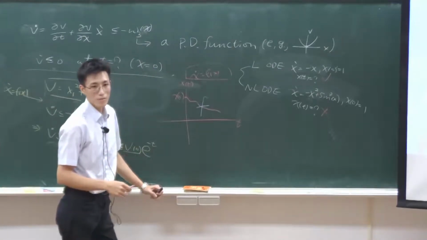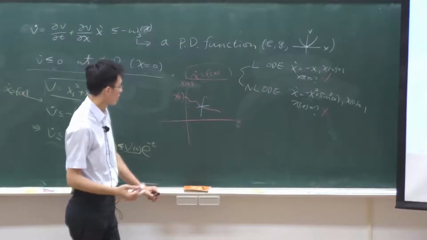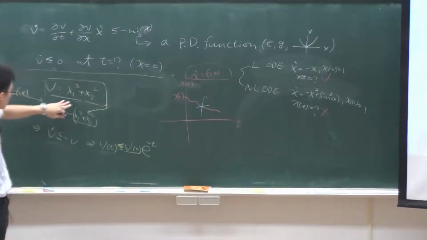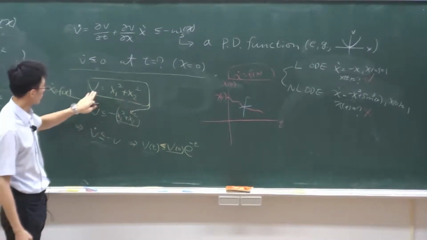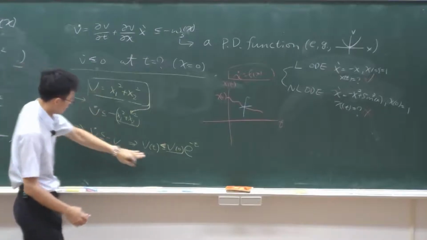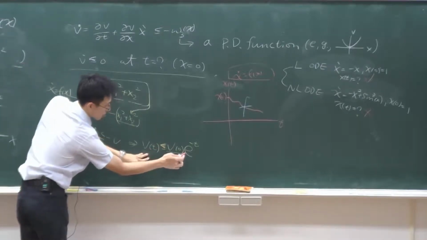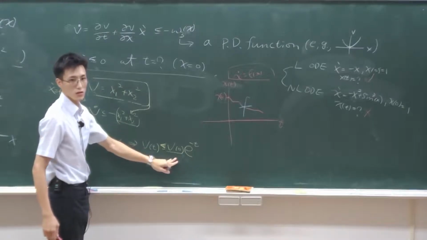But we don't know the trajectory for x1, x2, but we know the trajectory for V. And V is upper bounded by some function of time with initial condition V0, right?